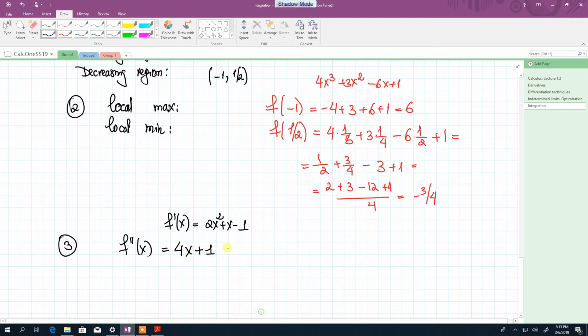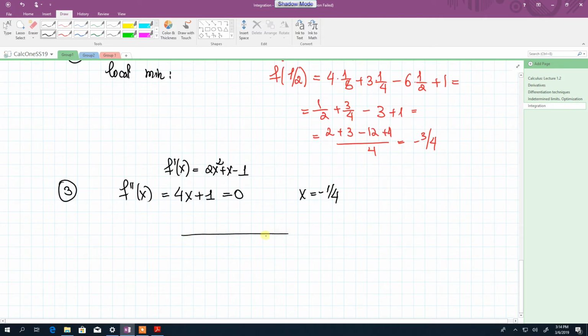I will need to equalize this to 0 and find its roots. So what is the root here? The root is equal to minus 1 over 4. Why? Because if I substitute minus 1 over 4 for x, it gives me 0 for the second derivative. Now I will put the point minus 1 over 4 on the number line.